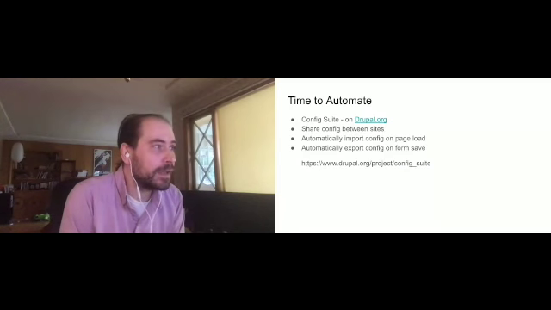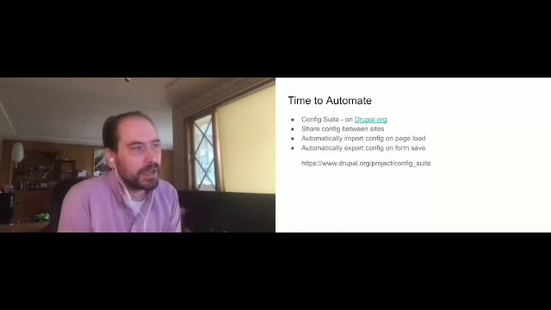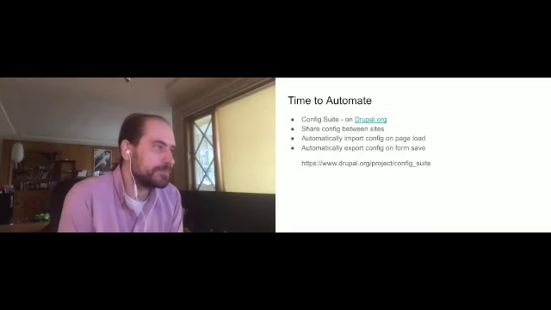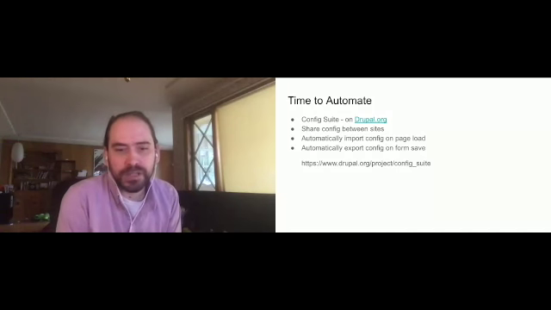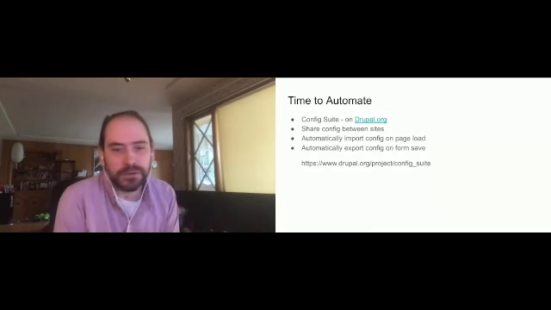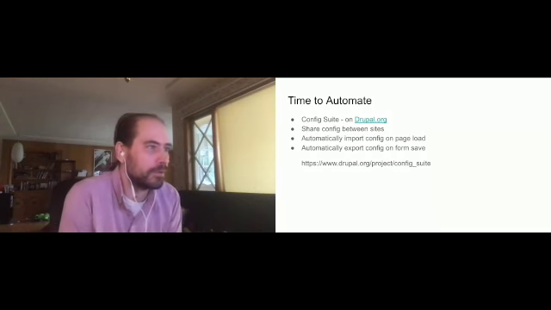And then the third feature that Config Suite has is that I disable the check for site UUID, so that if your UUID is different because you have a local install that's a different database than the production database, it will allow you to install the configuration without throwing the validation error.